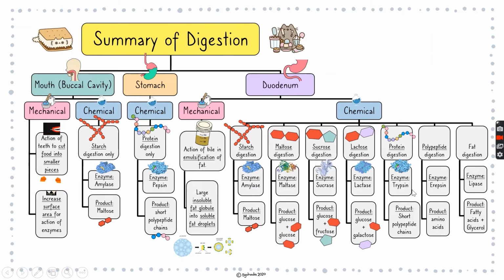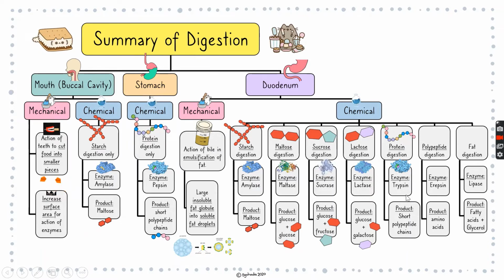And these two, they do pretty similar things, but they have very different pH optimum. For pepsin, because it is in the stomach, the pH is around 2, it's very low, whereas trypsin works in the duodenum. So they require a more alkaline environment, and thanks to bile, it provides that optimum pH environment.